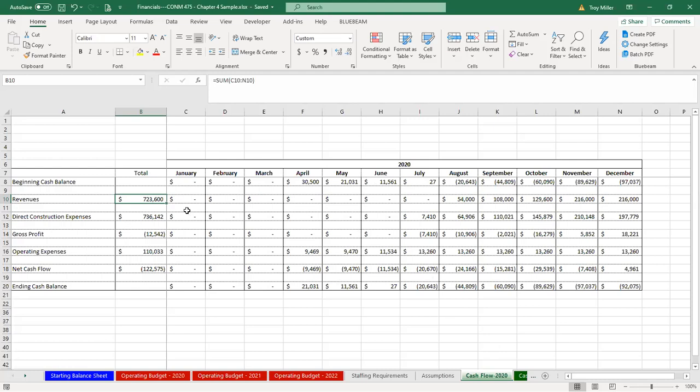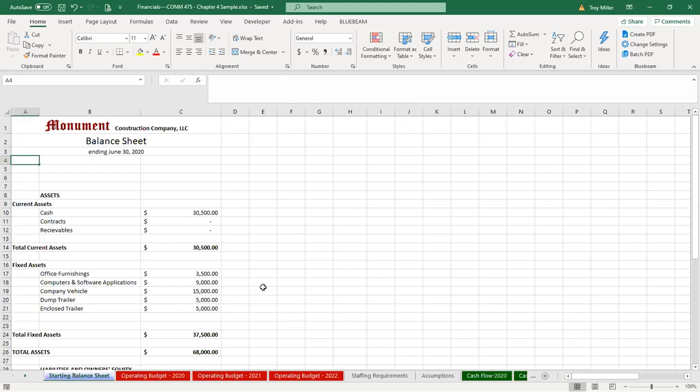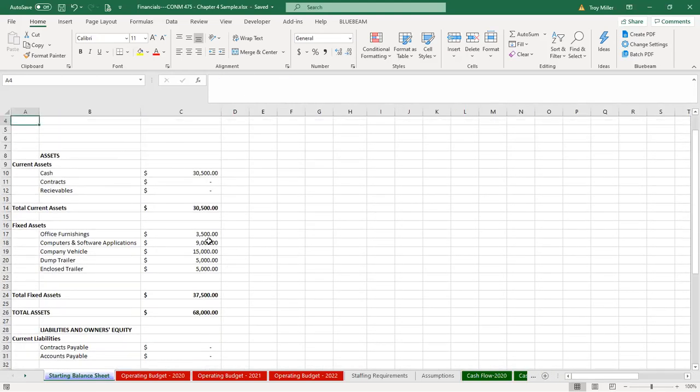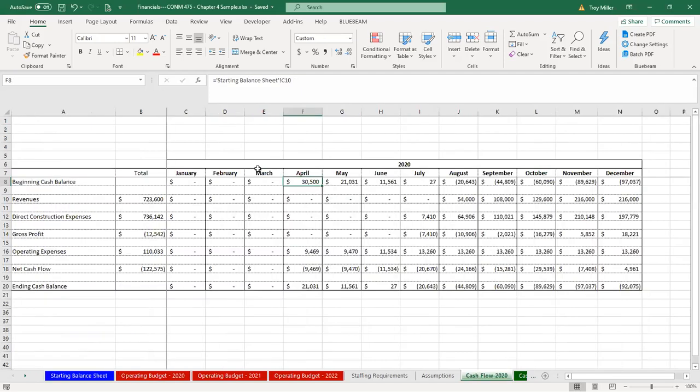And essentially what I've done here is in the month of April, because this is when I technically started the business, this beginning cash balance, I linked that back to my starting balance sheet. So basically, after I went in, and I'm going to say that I made all these purchases and I reallocated all the stuff on my beginning balance sheet, the cash I still have in the bank was $30,500. And so that's what I brought in for my beginning cash balance.